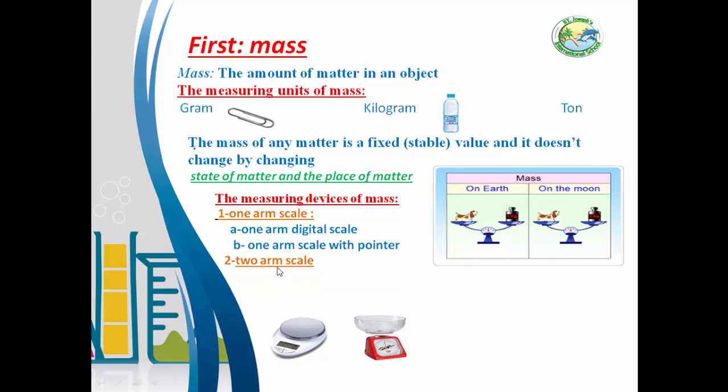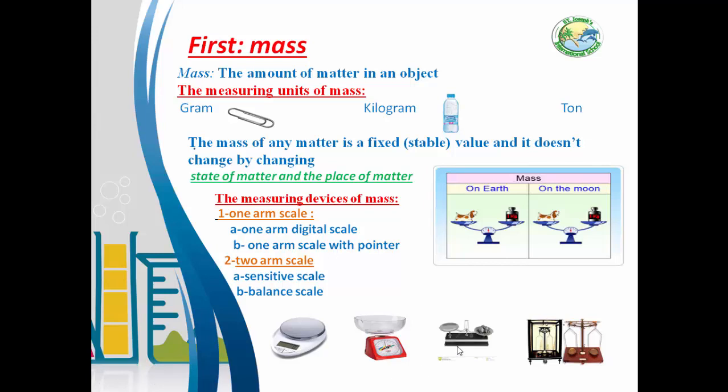Two-arm scales are divided into sensitive scale, which is used to measure small masses such as gold and chemicals, and balance scale, which is used for measuring large masses such as fruits and vegetables.